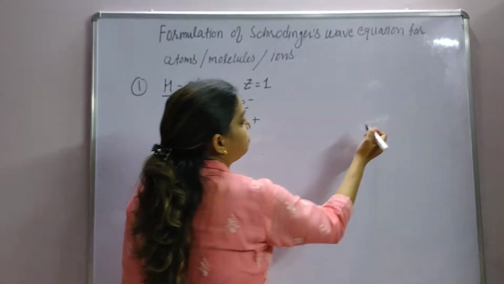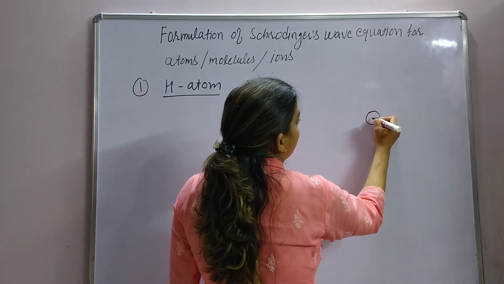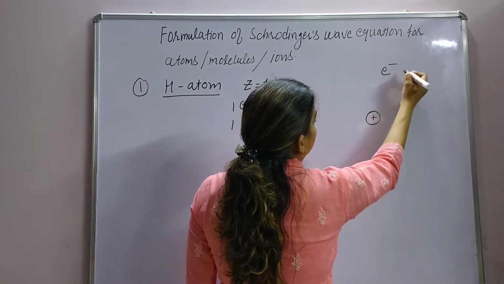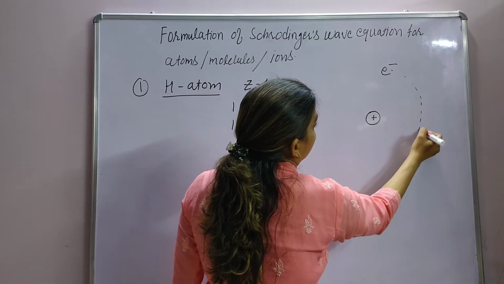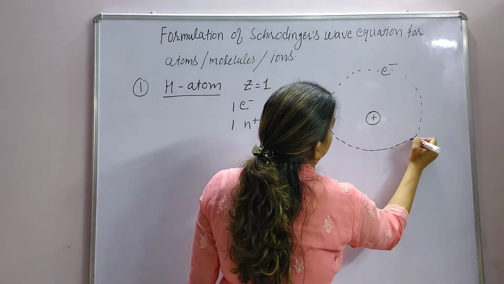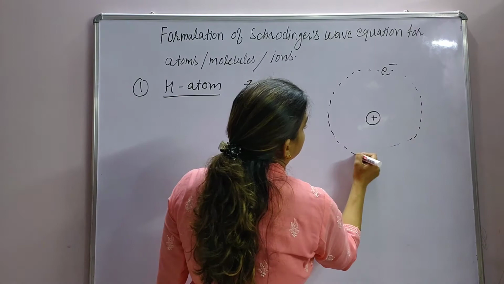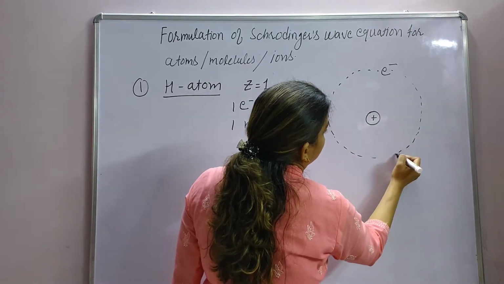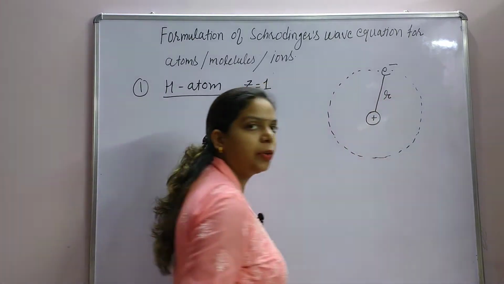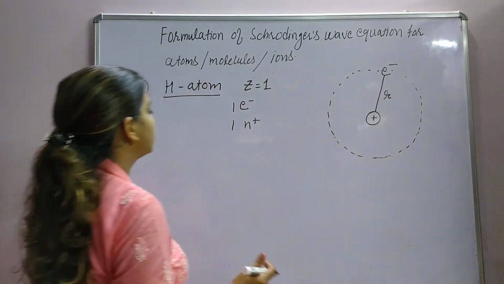So let's see. Here is the nucleus with positive charge and electron is revolving around this nucleus. So let's say the distance is r between the electron and the nucleus.